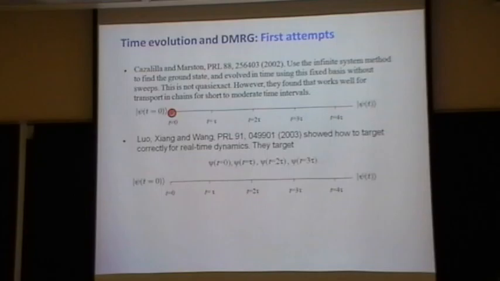That's actually the problem they had in the first attempt to do time evolution with DMRG. A couple of years earlier, before Vidal's paper, Cazalilla and Marston proposed evolving in time using some integration methods, say Runge-Kutta.